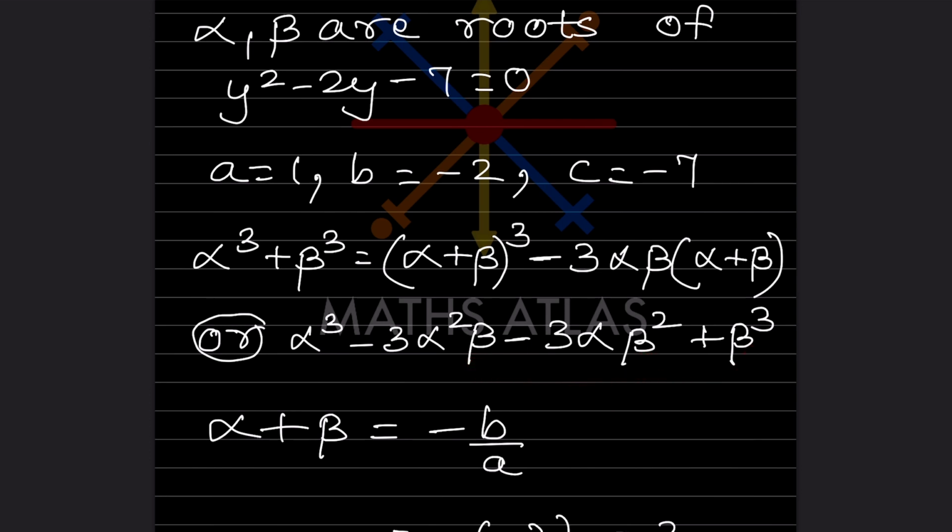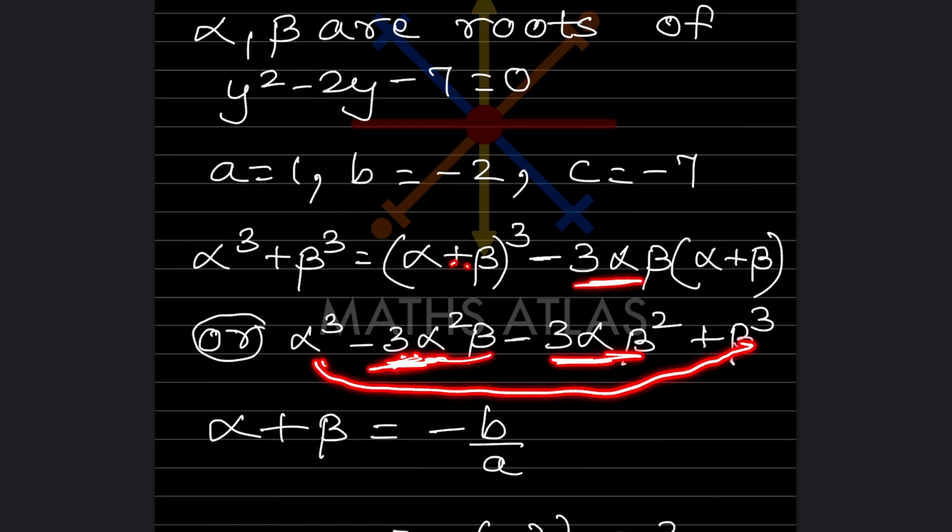So now how did you get this formula? So now what you can see here, alpha cube plus beta cube. Okay, here this is going to alpha beta, then this is minus 3 alpha beta, this from here what will be common, minus 3 alpha beta.